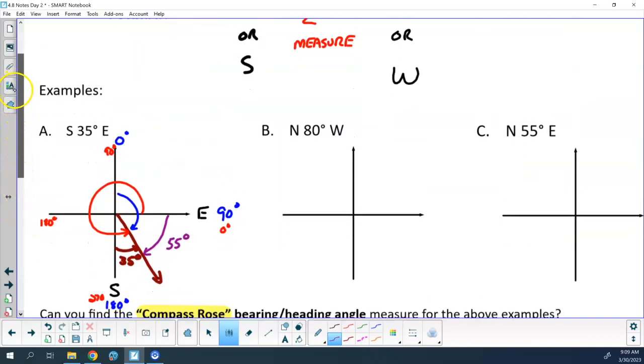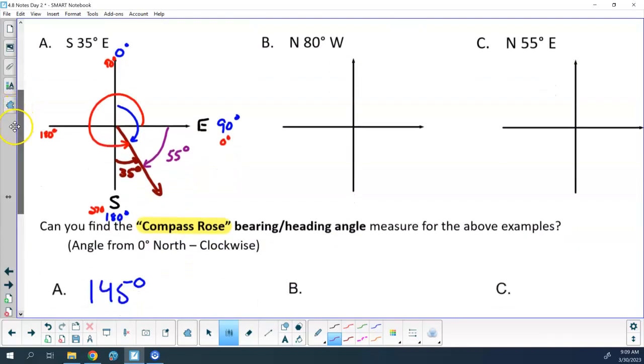Let's try another one here. North, 80 degrees west. Which quadrant am I going to be in? Going to be in quadrant 2. So I'm looking north, and then off of north, I got to go 80 degrees. So that's over here. This one here is 80 degrees.